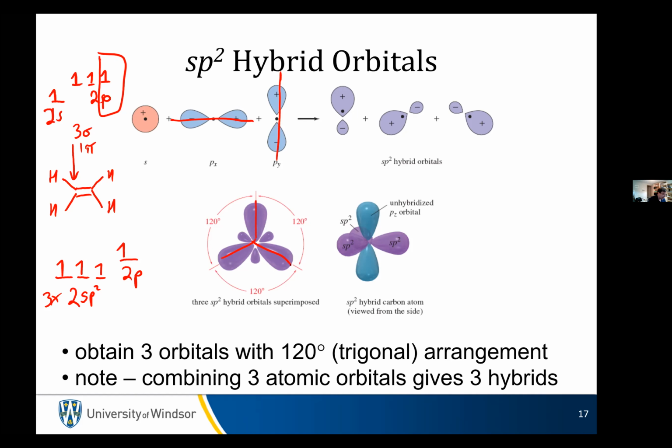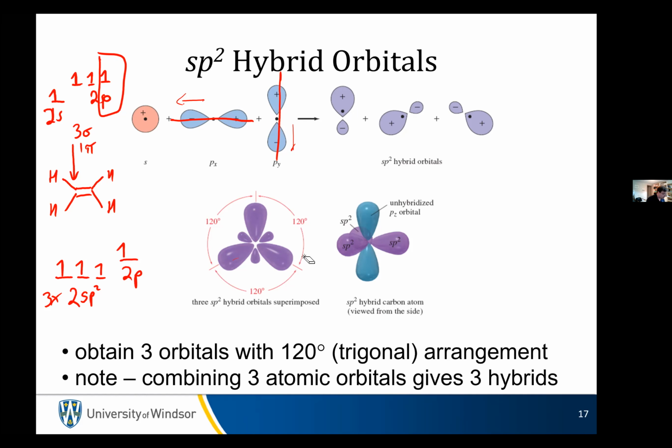We didn't have anything at an angle, but now we've got an orbital heading off at this angle, because it took some of the horizontal nature of this guy and some of the vertical nature of this guy, and was able to do that because that geometry was allowed. They're maximizing their distance away from each other and are all 120 degrees.